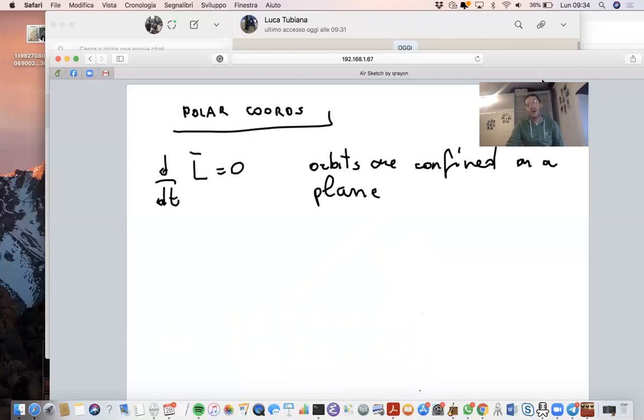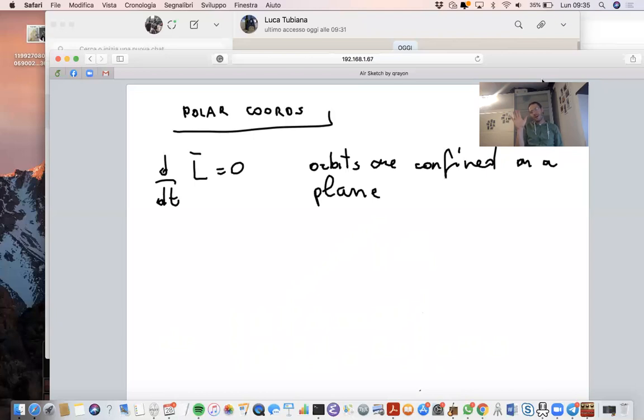Why is that? Well, think about it. Suppose the orbits were not confined on a plane. Let's work by absurd. It means that, say, initially, I can think of my orbit as drawn by a piece of arc, which can be drawn on this plane. And at some later time, the plane that contains a small amount of trajectory is different.